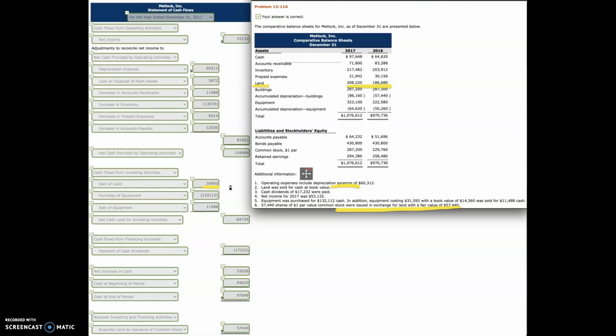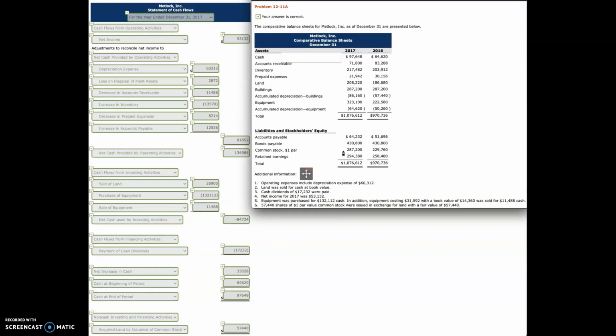The next line item is the purchase of equipment, found in the first sentence of number 5. Equipment was purchased for 132,000. That 132,000 is going to be a negative number because it's a purchase, so make sure you add that in parentheses or a negative sign.